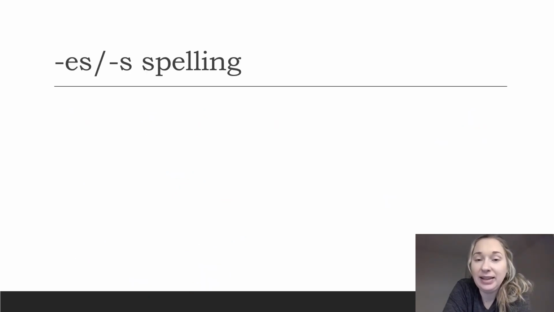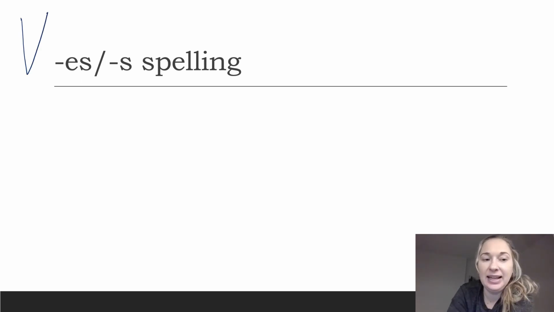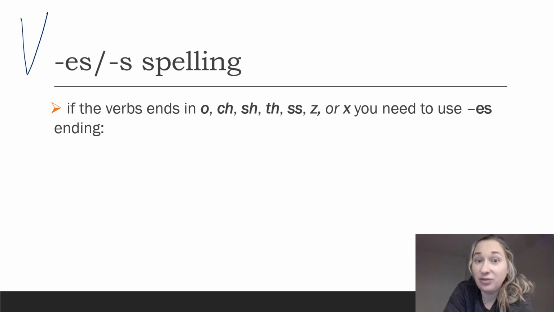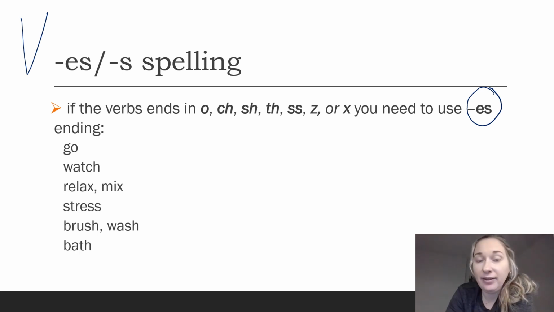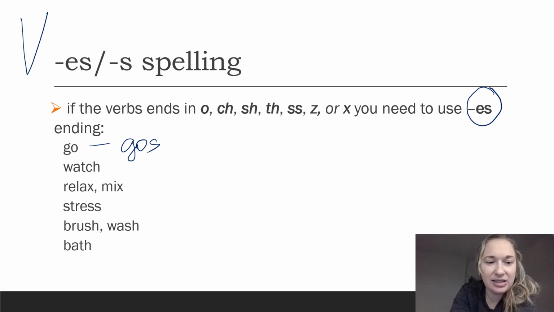Let's take a look at the spelling of that ending of a verb with an es or s ending. So if we have a verb that ends in the letters O, CH, SH, TH, SS, Z, or X, you need to add ES ending instead of S. For example, if you have a verb go, instead of saying gos, which looks kind of weird, so that already is a signal that something is wrong, you need to spell goes.